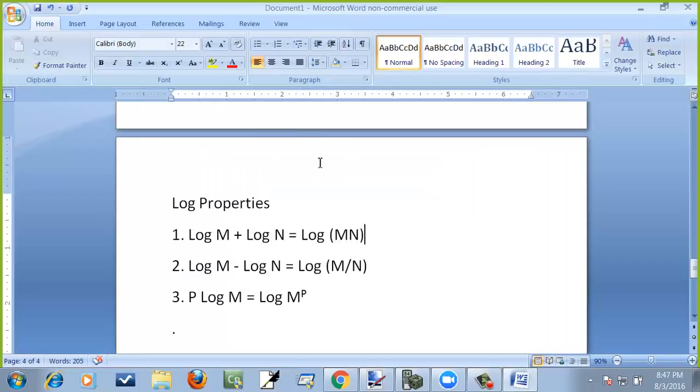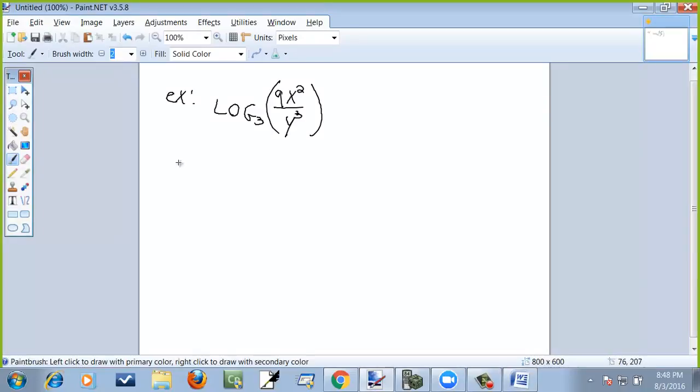Well, division, from property 2, we can rewrite as subtraction. So this becomes log base 3 of 9x squared minus log base 3 of y to the third. Now looking at our first log, we have to ask ourselves the main thing that's happening. We got 9 times x squared, or we got the second power. And what would use everything is multiplication.